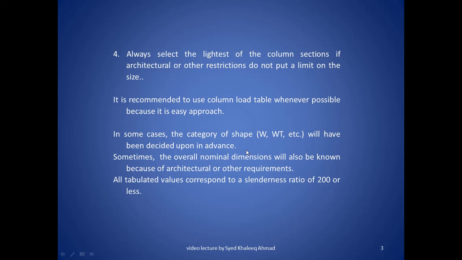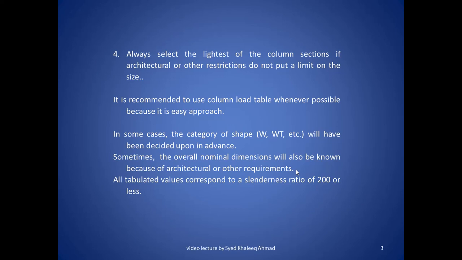If the question says that you have to use a W section, then you are restricted only to that shape. And sometimes the overall nominal dimensions will also be known because of architectural or other requirements. So there are also some restrictions on the size, so we have to limit that.